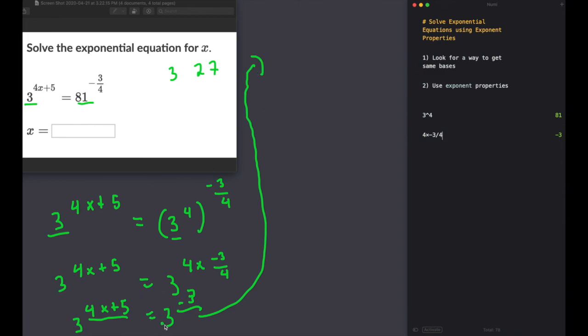So I'm going to drop my bases now that I have everything exactly the same, and say 4x plus 5 must be equal to negative 3. From here, I can solve for x. In order to solve for x, I'm going to get rid of this 5 by subtracting 5 from both sides, and I get 4x equals negative 8. And then I want to solve for x.